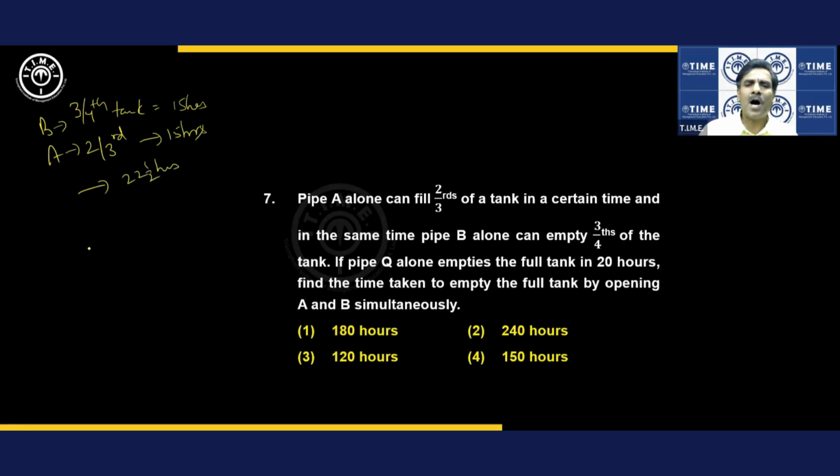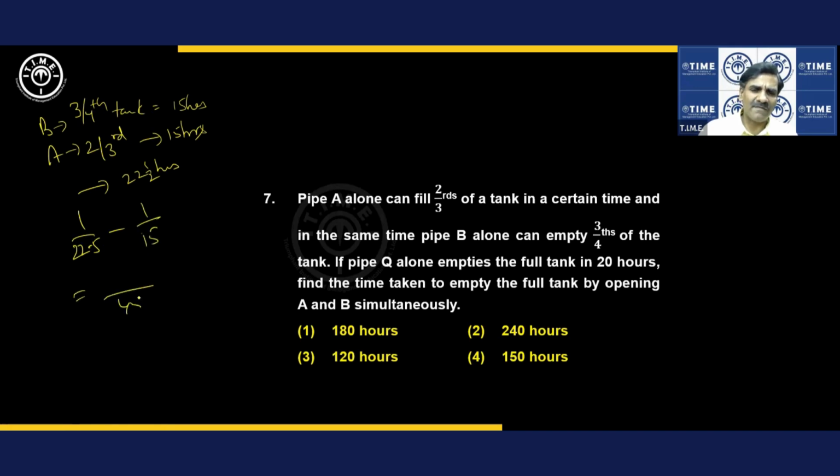So if A and B are open simultaneously, A will be basically filling 1 by 22.5, and B will be emptying basically 1 by 20, right?